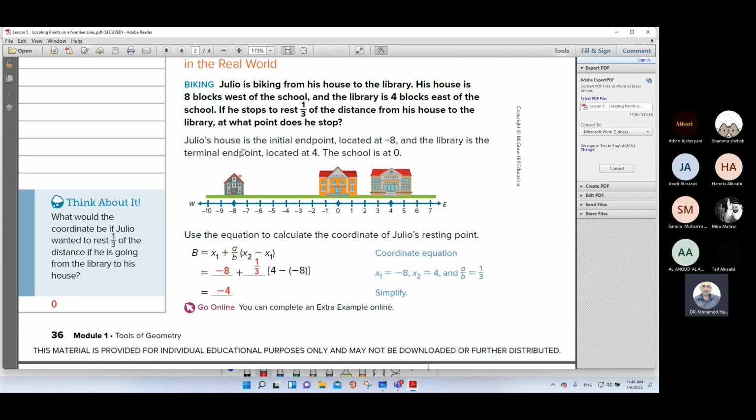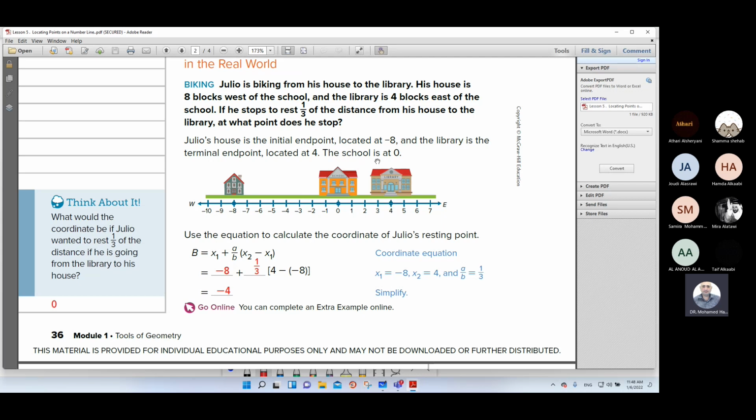So, Julio's house is the initial endpoint, located at -8. And the library is the terminal endpoint, located at 4.